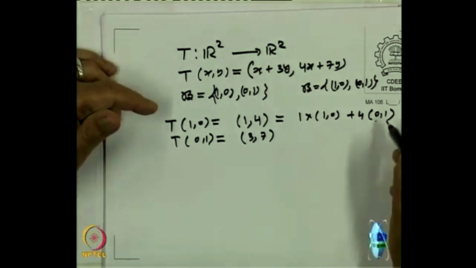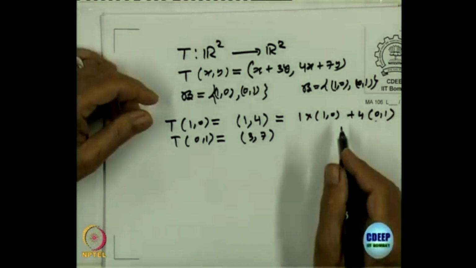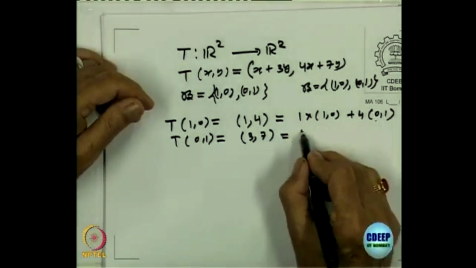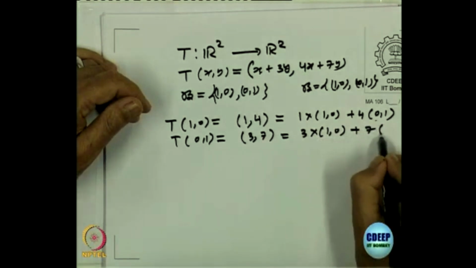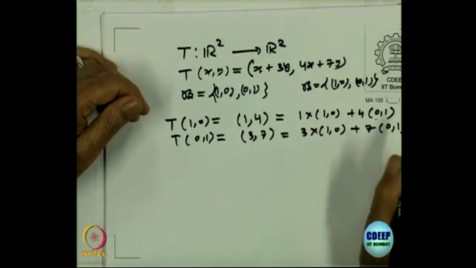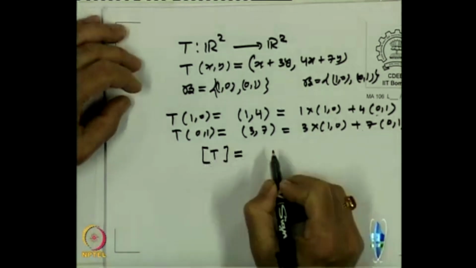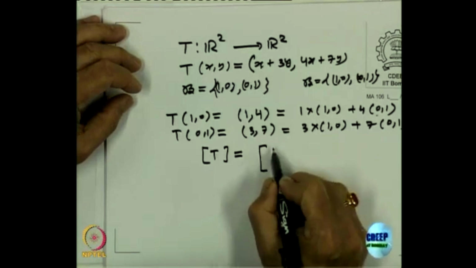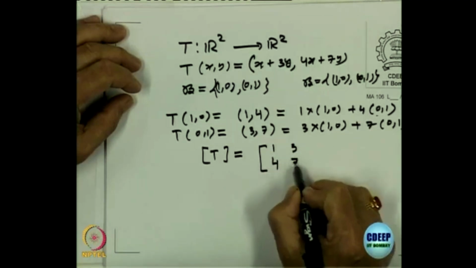That will involve solving a system of equations. Here it is easy. Similarly, this is equal to 3 times (1, 0) plus 7 times (0, 1). So what is the matrix of T? Matrix of T is [1 3; 4 7].